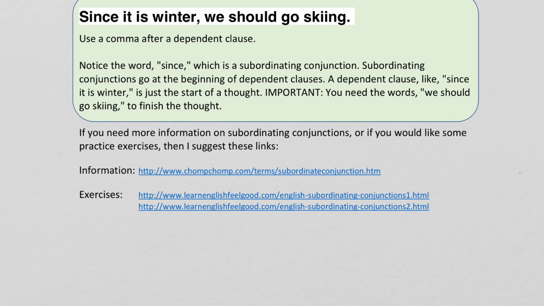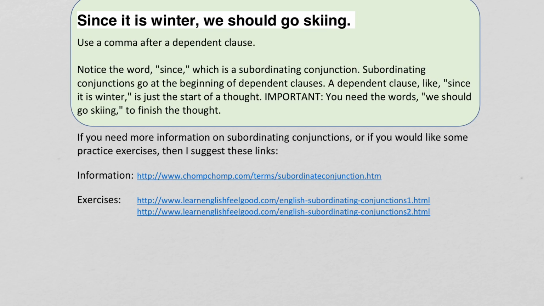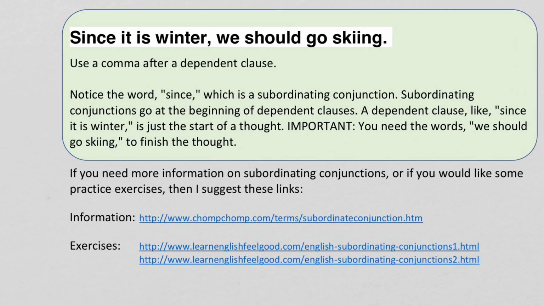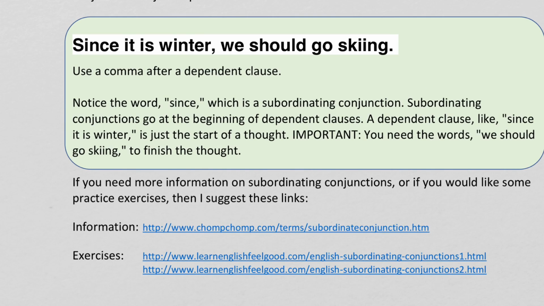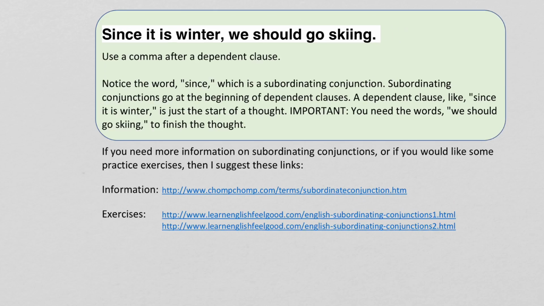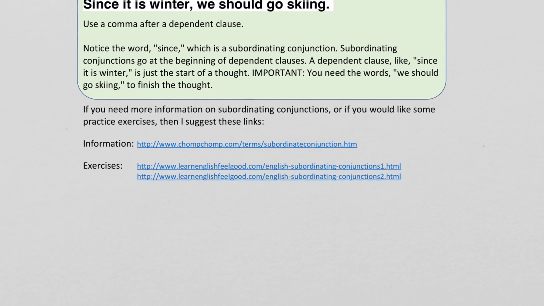Notice the word since, which is a subordinating conjunction. Subordinating conjunctions go at the beginning of dependent clauses. A dependent clause, like since it is winter, is just the start of a thought. So important. You need the words we should go skiing to finish the thought. All I'm trying to say is we need the whole sentence here. Since it is winter, we should go skiing. If we don't have this whole sentence, then we don't have a full thought and we won't make sense.